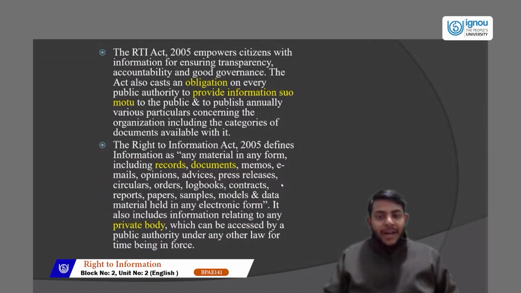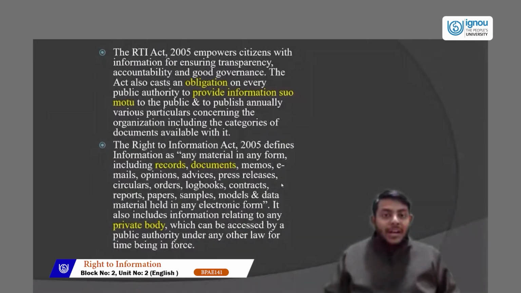And this RTI Act of 2005 has also defined information as any material in any form, including records, documents, memos, emails, opinions, advices, press releases, circulars, reports, orders, logbooks, contracts, and various other materials that the government may possess.